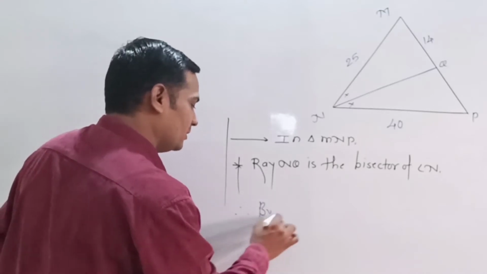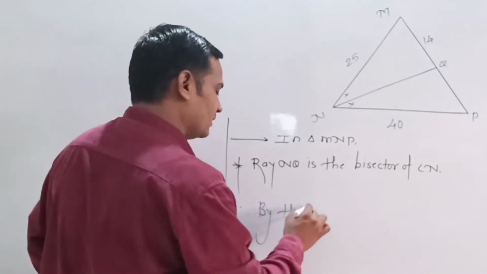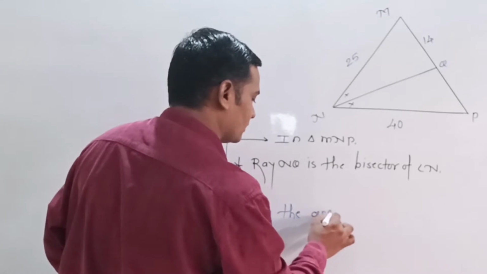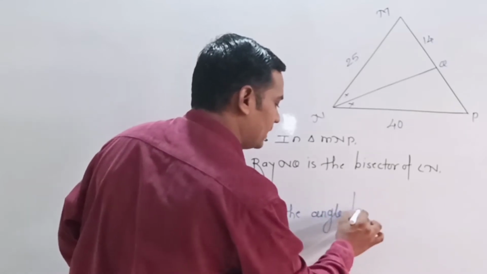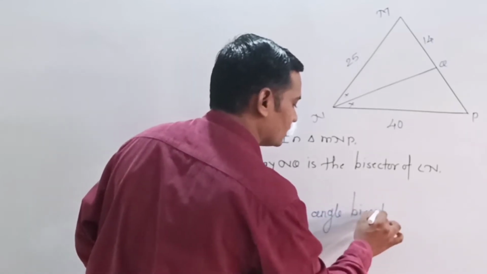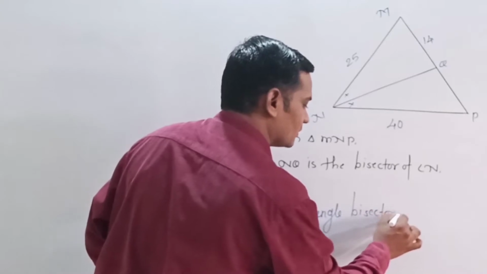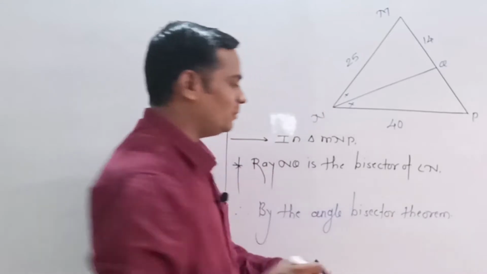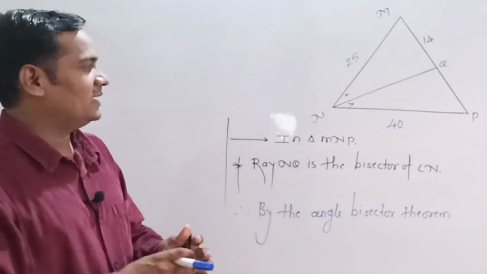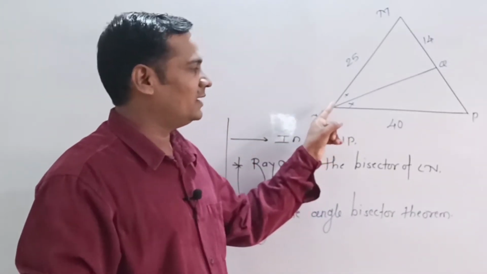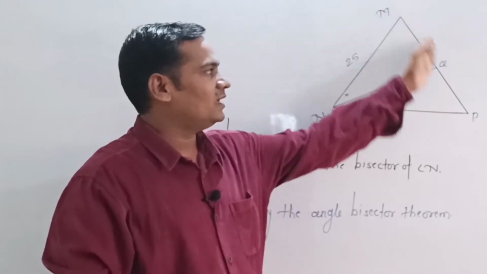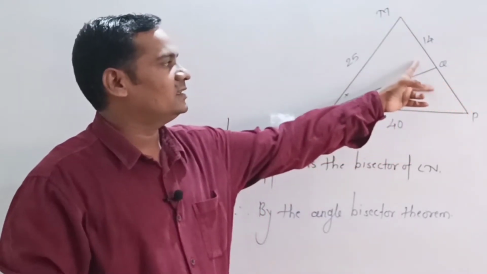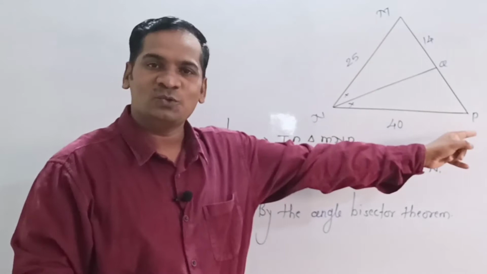Therefore, by the angle bisector theorem. Now what is that angle bisector theorem? The bisector of an angle of a triangle divides the opposite side in the ratio of the remaining two sides.